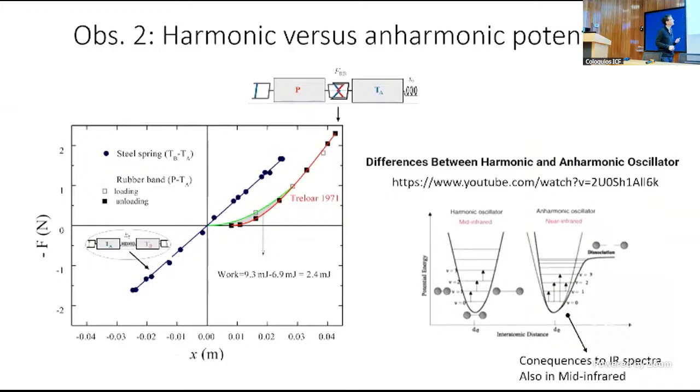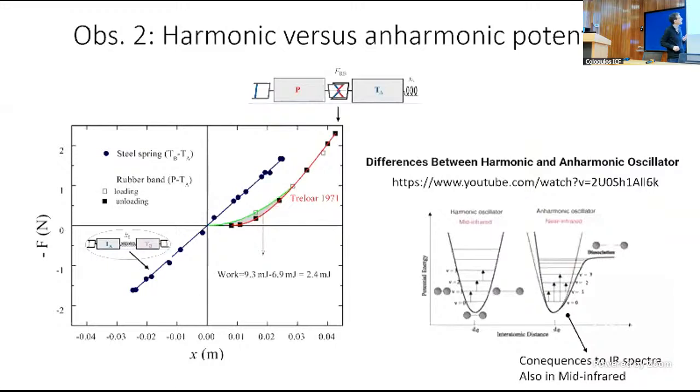So if you have this harmonic approximation, you have the energy levels equally spaced. Then it doesn't matter, for example, with temperature. If you have a distribution here, it doesn't matter much for what you are measuring, because this transition has the same frequency.